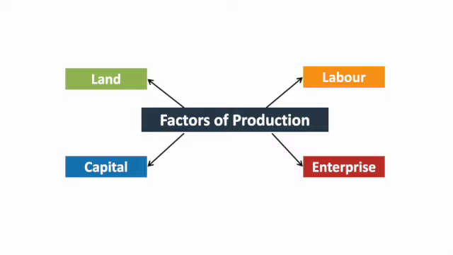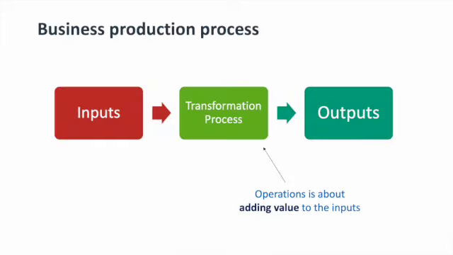Capital, this would be all the machines and also all the finance needed to produce our goods and services. And then enterprise was the risk-taking ability, the ability to lead, to put all these other factors of production together in order to produce the products. So this is just a recap.